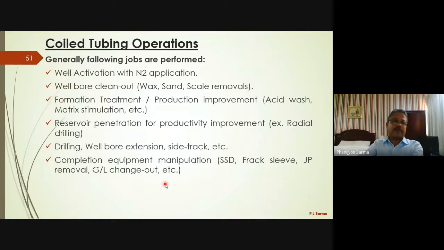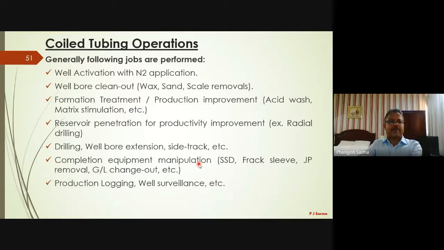Sometimes it is not possible because of high deviation, high dogleg severity, mostly in offshore wells. What happens in offshore wells is that a lot of wells are drilled from one platform and highly extended formations are reached in the completion. On those kinds of wells, wireline may not reach to carry out those operations, and that can be done with coil tubing operation.